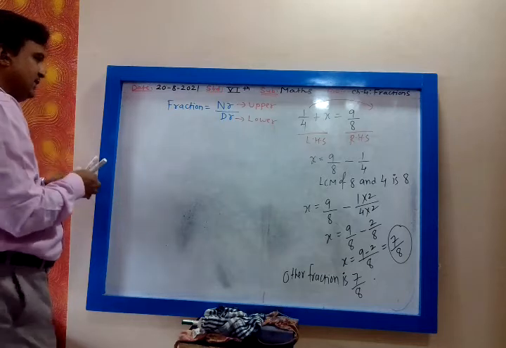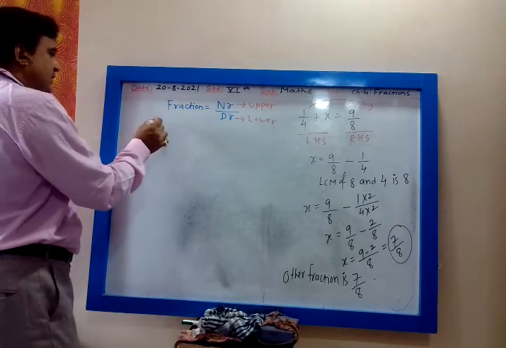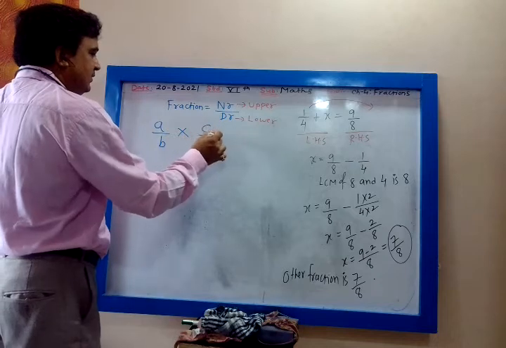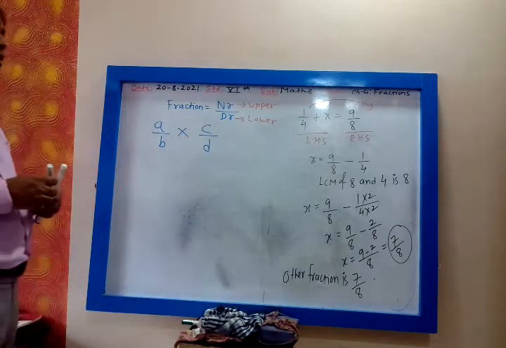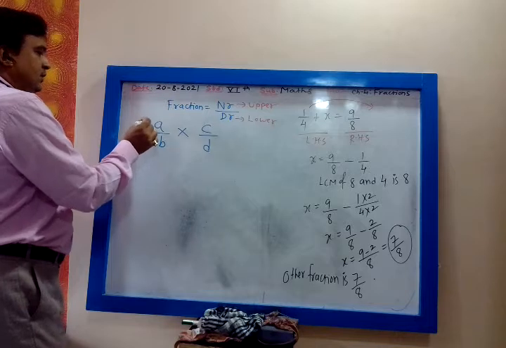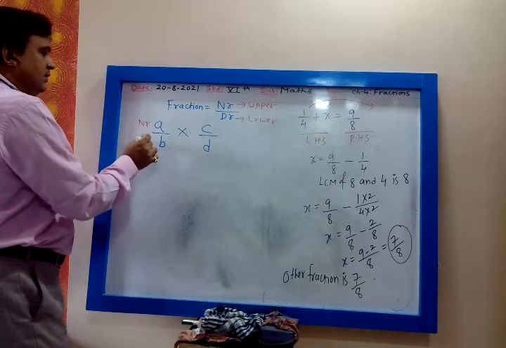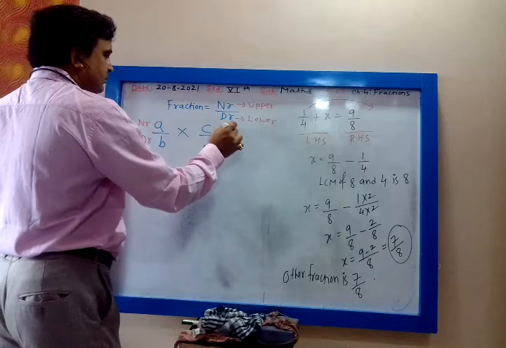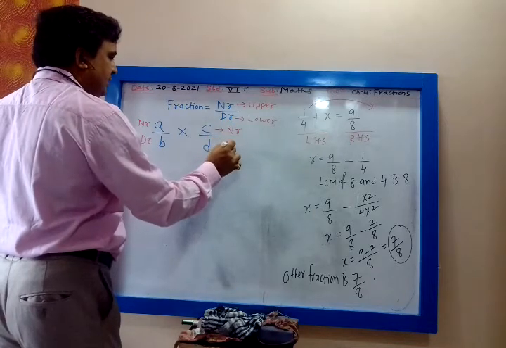Write this down. Let us consider two fractions, a by b multiplied by c by d. In the fraction a by b, what is my numerator? Numerator is a, denominator is b. Then numerator is c, denominator is d.